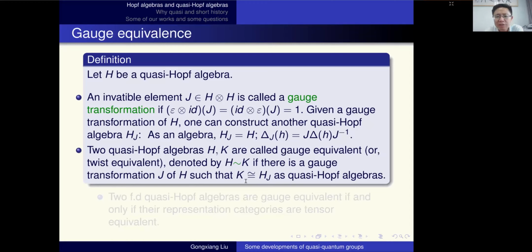This poses a very fundamental question to us. If you take the gauge transformation, you get a variety of quasi-Hopf algebras. In this variety of quasi-Hopf algebras, which one is simplest?